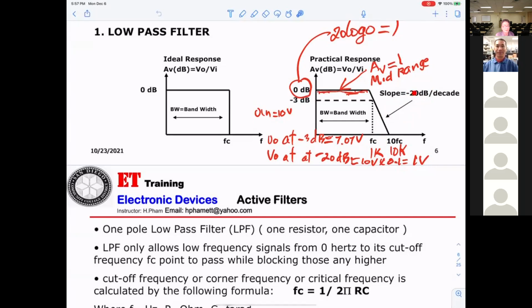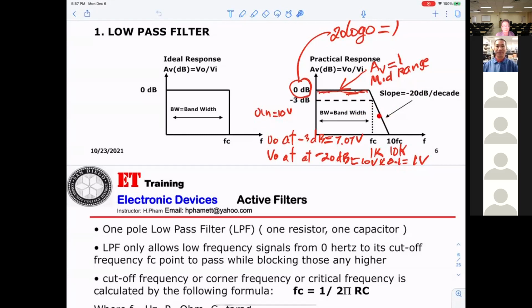So you do not do anything with minus 20 dB directly to calculate. You have to see what the equivalent is for minus 20 dB, and minus 20 dB is equivalent to 0.1. You get input 10 volt, and now they're going down 20 dB, so 10 volt times 0.1. You get 1 volt.